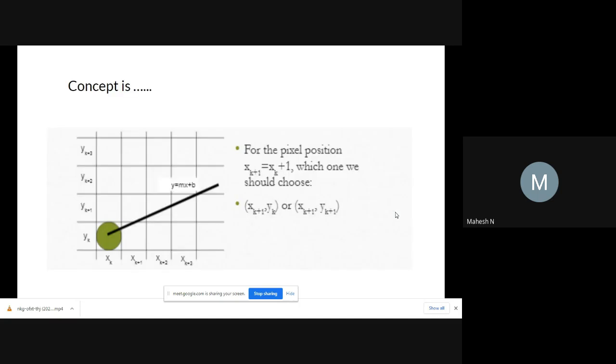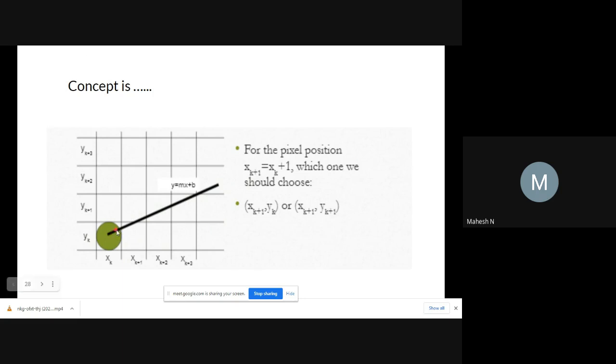Now what was this Bresenham's line drawing algorithm actually doing? Kindly concentrate and observe what I am telling. If anything confuses you, you can interrupt me in the middle and ask me. So now consider this is my line segment. When I'm talking about this pixel, there is no confusion with this part of the line.